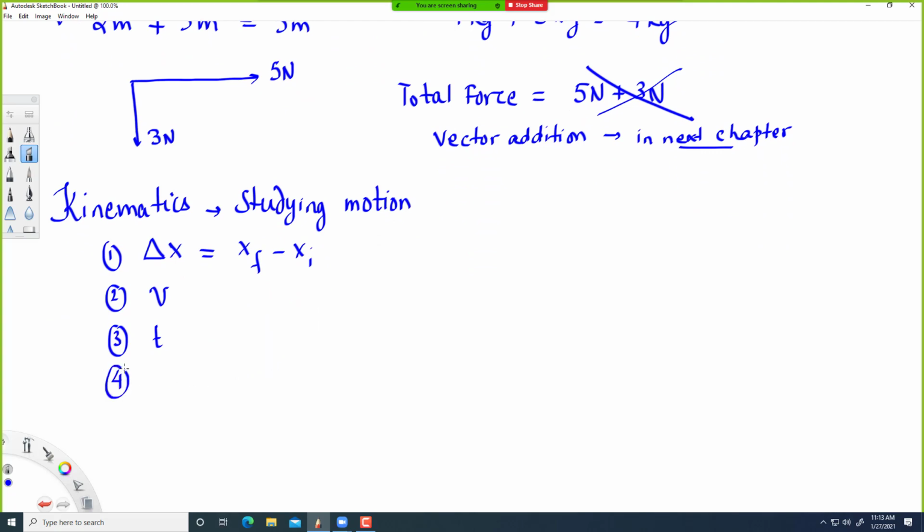Fourth quantity we use is acceleration. Actually, we only have 4, but velocity could be divided into 2 parts. We can have initial velocity and final velocity. So we need these things to define motion.